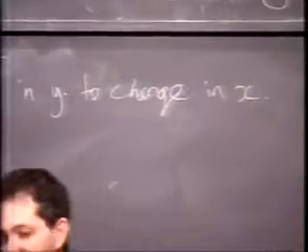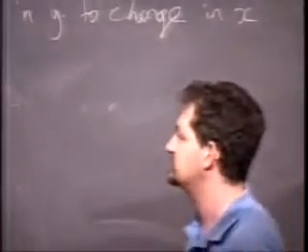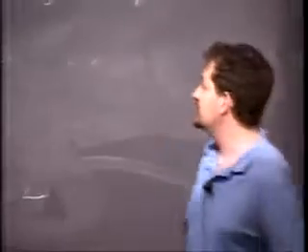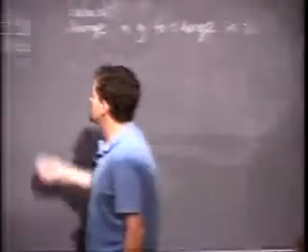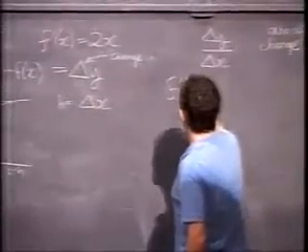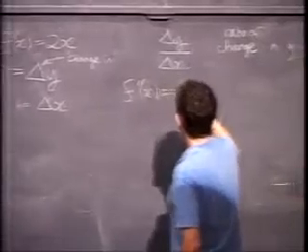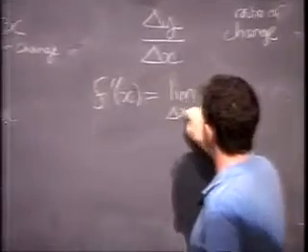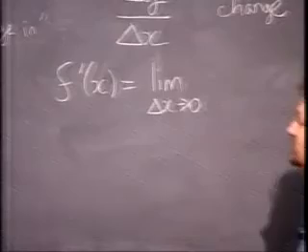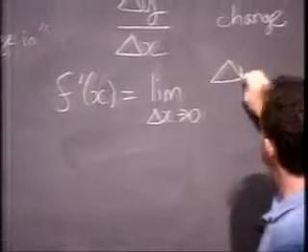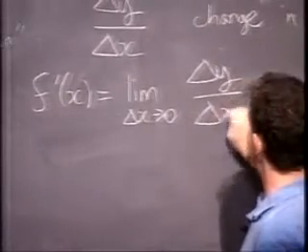So I want to just look at this, because this is not always covered, and I kind of want to just spend a few minutes on this. So look, here's what I'm trying to drive at. According to what I've said, the derivative is the limit as h goes to 0, but h, of course, is just delta x, of delta y over delta x.